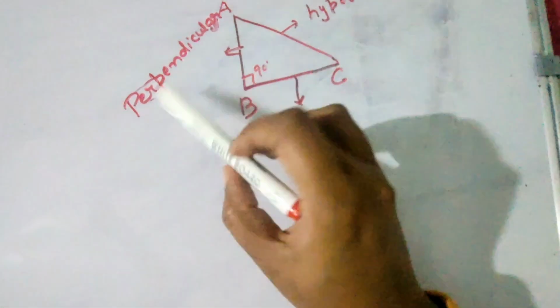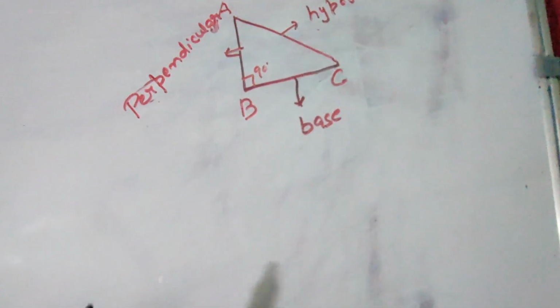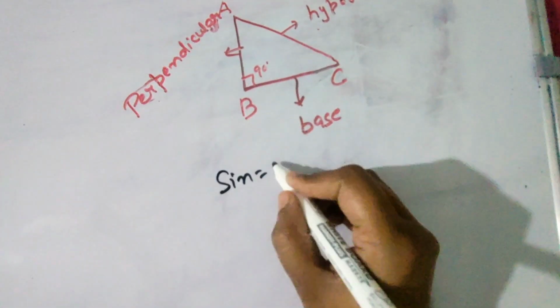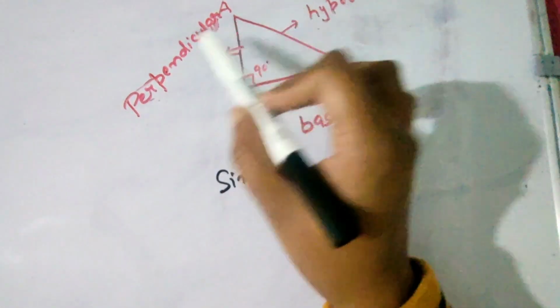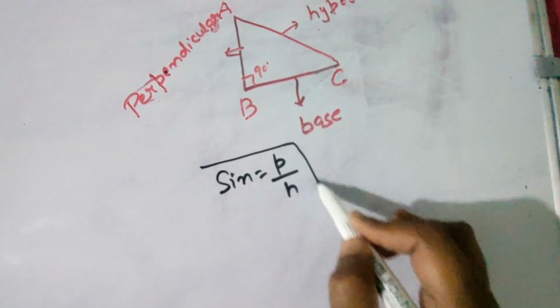Then if the relation is between perpendicular and hypotenuse, what is the sine formula? Sine is perpendicular by hypotenuse.